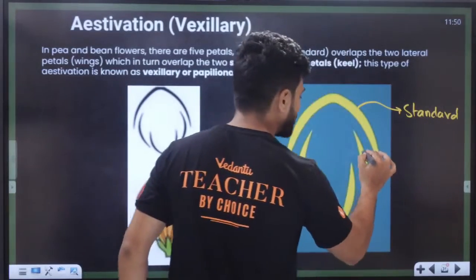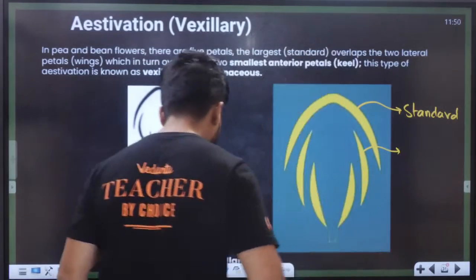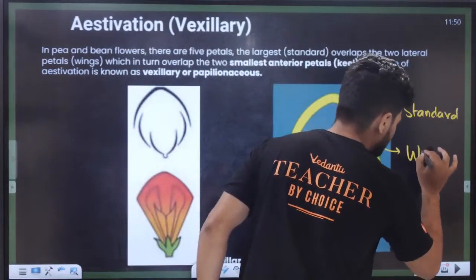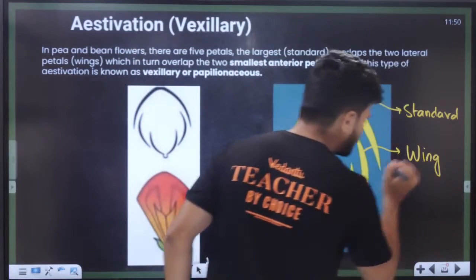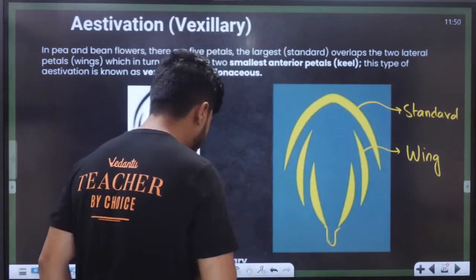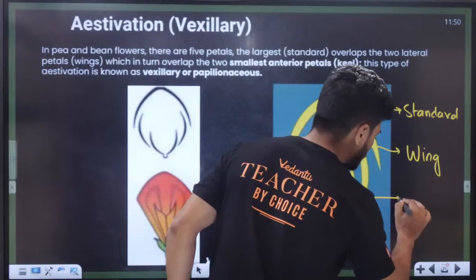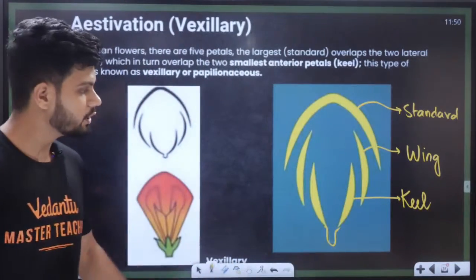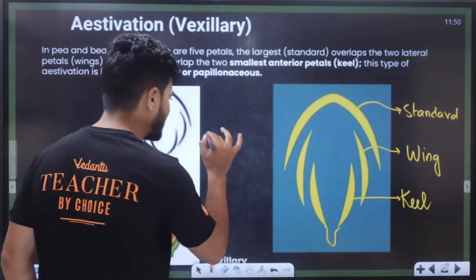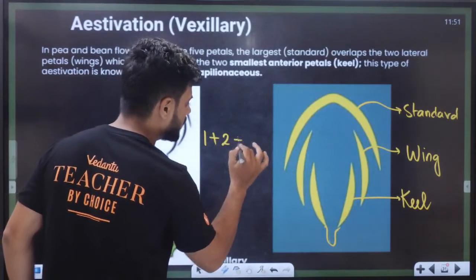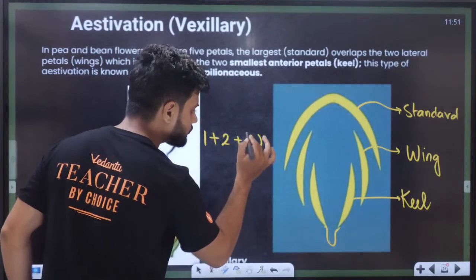Now, what about the middle one? The middle ones are called wings. And the innermost petals, which are fused together, are called keel. The arrangement is basically 1 standard plus 2 wings plus 2 keel petals, which are fused together.